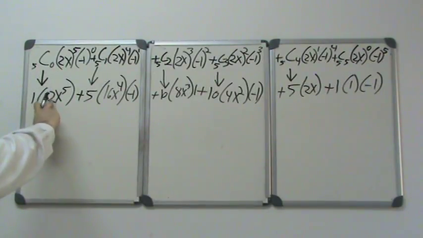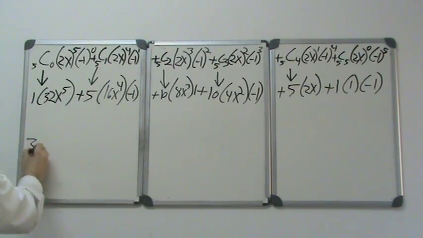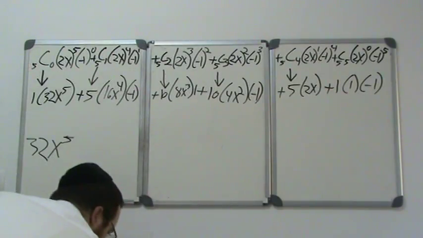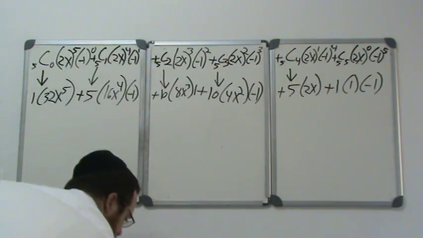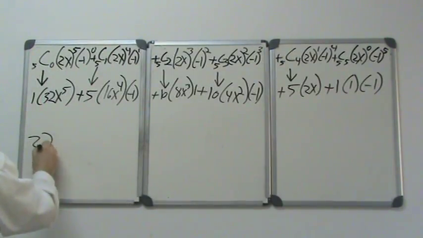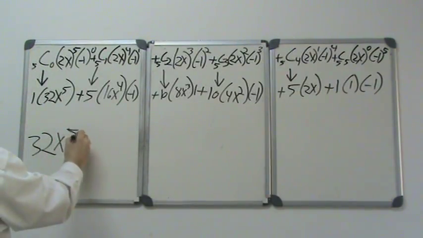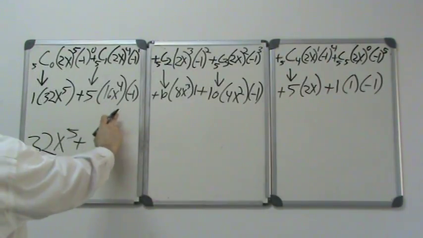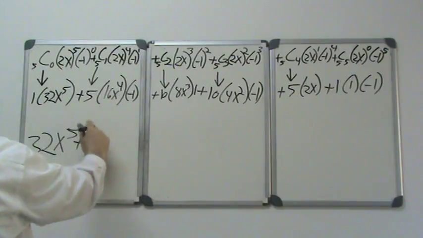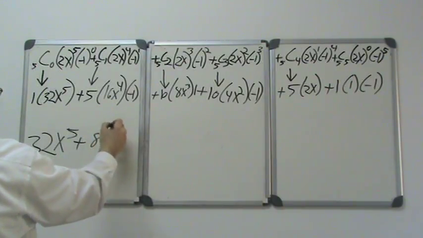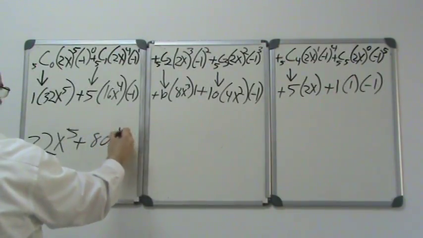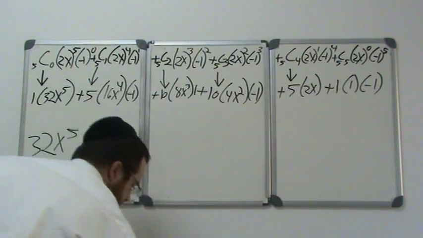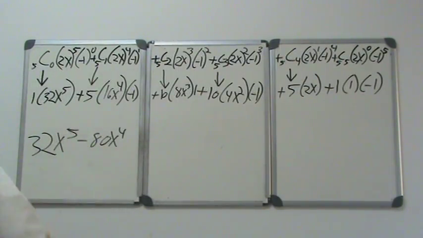1 times 32x to the fifth is 32x to the fifth. Let's make it a little clearer. 32x to the fifth plus 5 times 16 is 80x to the fourth power. And it's times negative 1, so it becomes negative 80x to the fourth power.